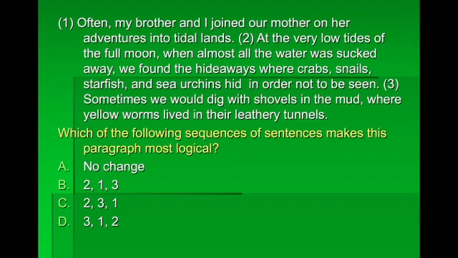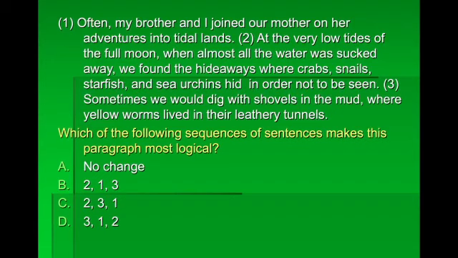Often, my brother and I joined our mother on her adventures into tidal lands. At the very low tides of the full moon, when almost all the water was sucked away, we found the hideaways where crabs, snails, starfish, and sea urchins hid in order not to be seen. Sometimes we would dig with shovels in the mud, where yellow worms lived in their leathery tunnels. Chances are you probably don't want to change this.